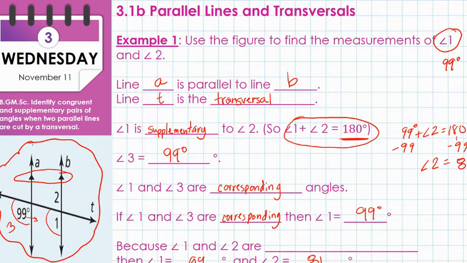And so because angle 1 and angle 2 are supplementary angles, then angle 1 has to be 99 and angle 2 has to be 81 because the sum of those angles is 180 degrees. So this is how we use the relationships that we went over in the previous slide to figure out the missing values.